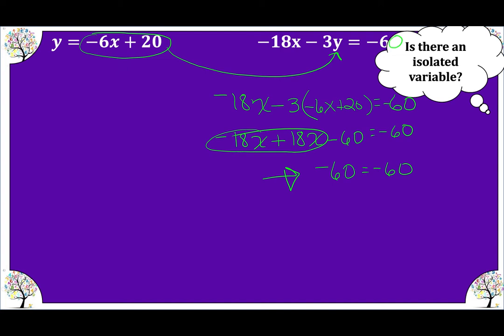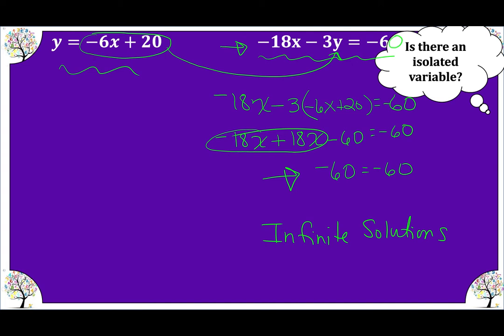So this time, when our variables were eliminated altogether and we get a true statement, this means there are infinite solutions. This means these two lines, if we were to convert this second one into slope-intercept form, it would look just like our first one.